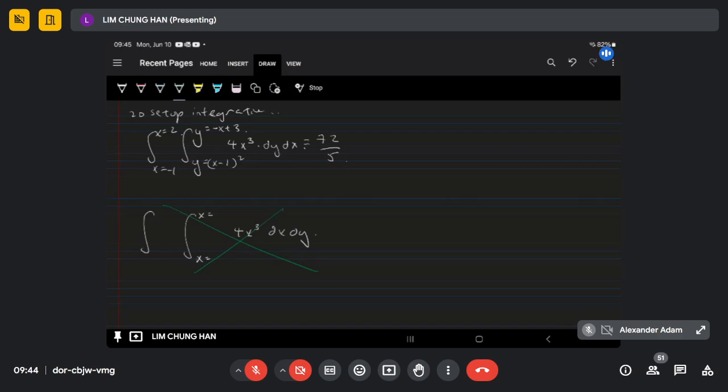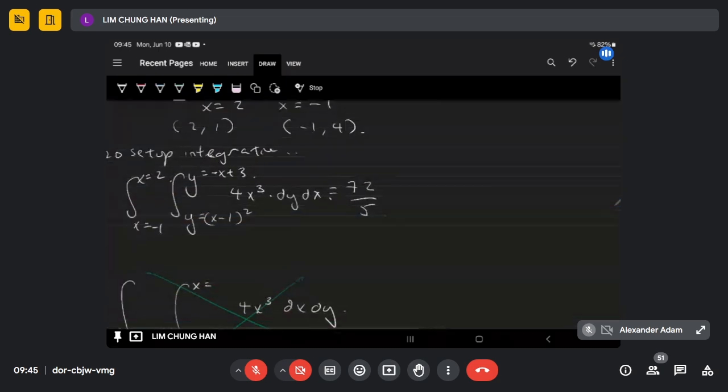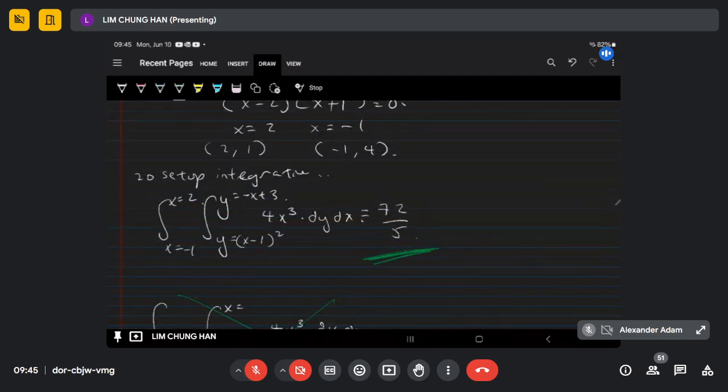Yes. Okay, very good. So for this example, go with dy dx. Make sure you can get 72/5. That's the final answer. Finish up the integration. Make sure you get 72/5 for the final answer.